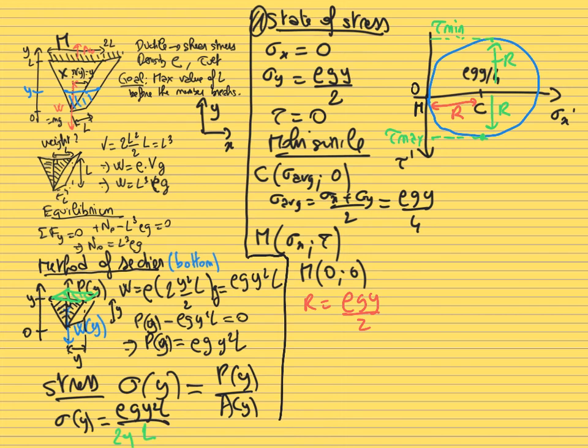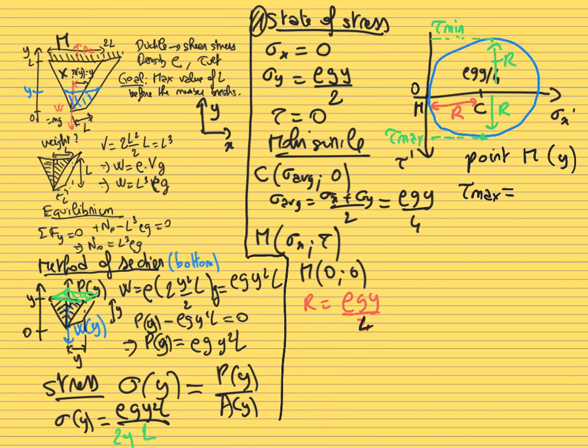So for a given point M at an arbitrary position Y along this member, we can calculate its maximum shear stress, which is going to be at 45 degrees in this case, and this maximum shear stress is given by the radius.